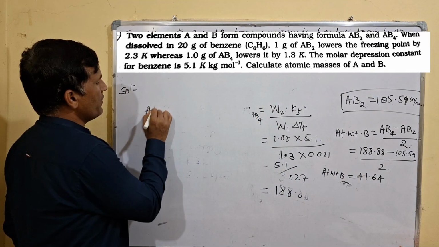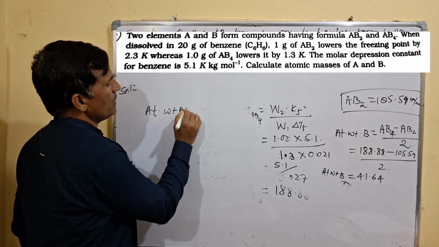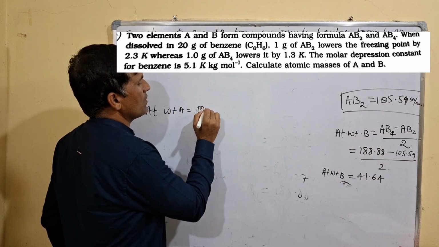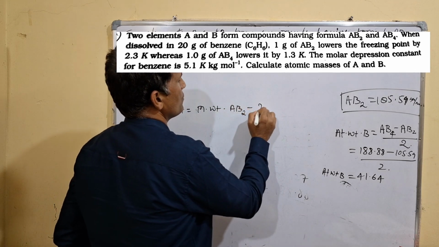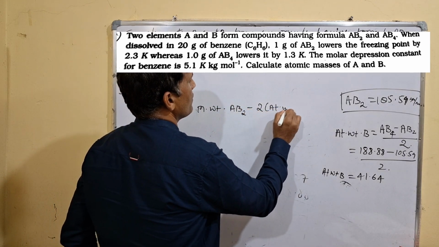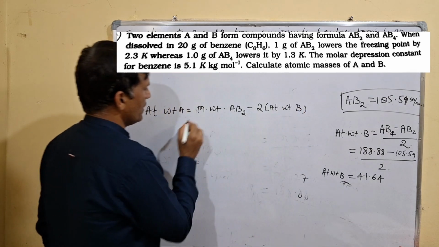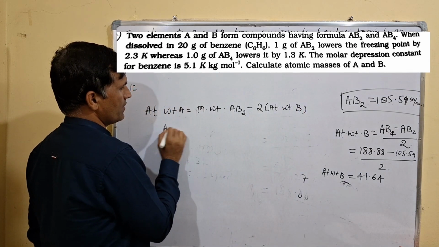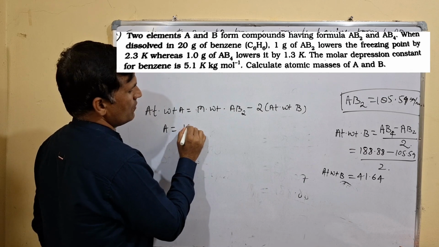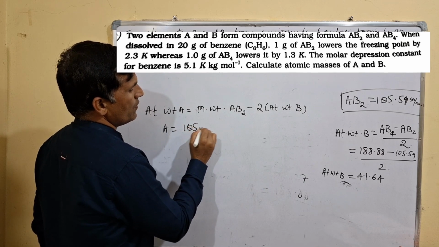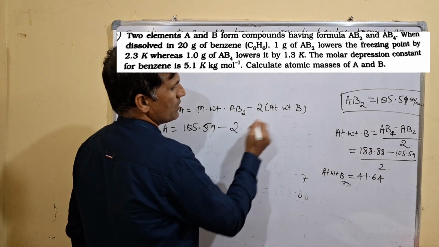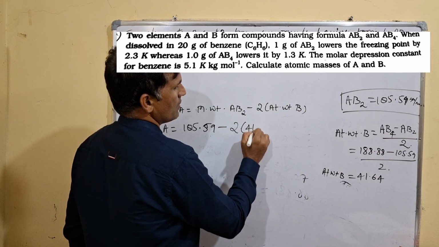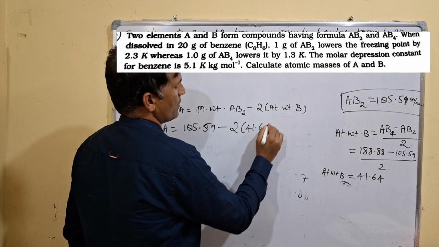Once you know the atomic weight of B, the atomic weight of A is equal to the molecular weight of AB2 minus 2 into the atomic weight of B. So A is equal to 105.59 minus 2 into 41.64.